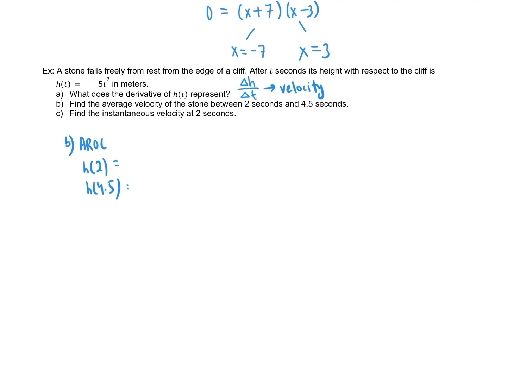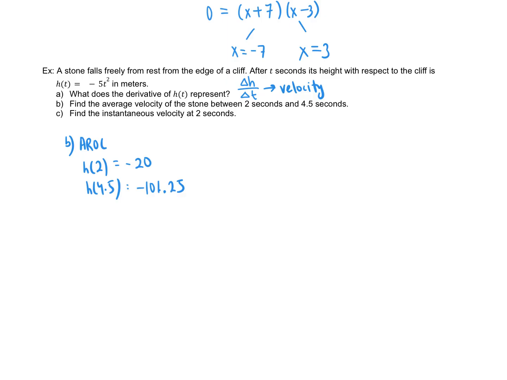So h at 2, if we punch it in, 2 squared is 4 times negative 5 is negative 20. And for 4.5, plug it in, and we get negative 101.25.